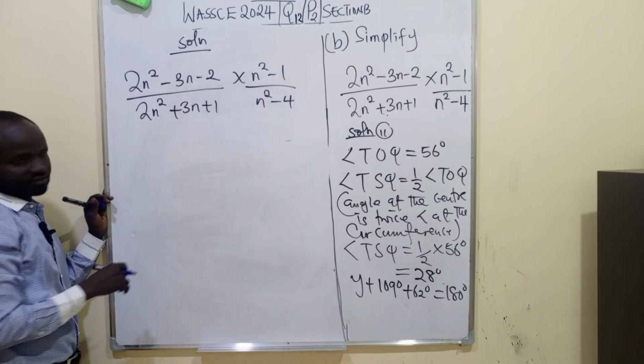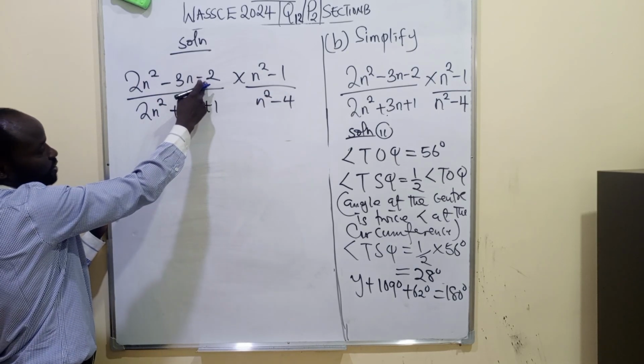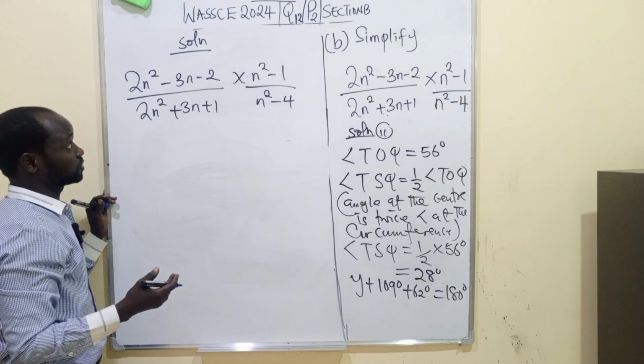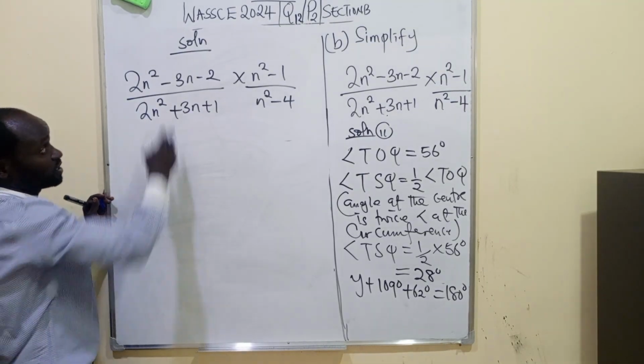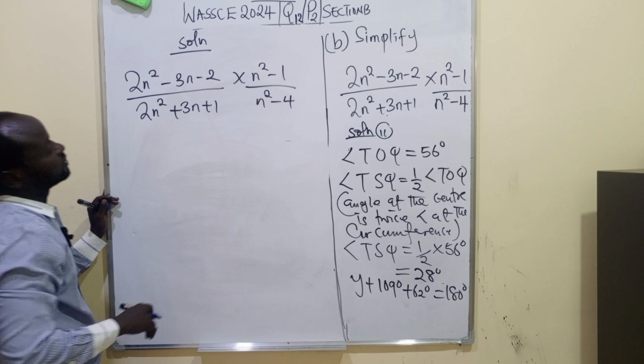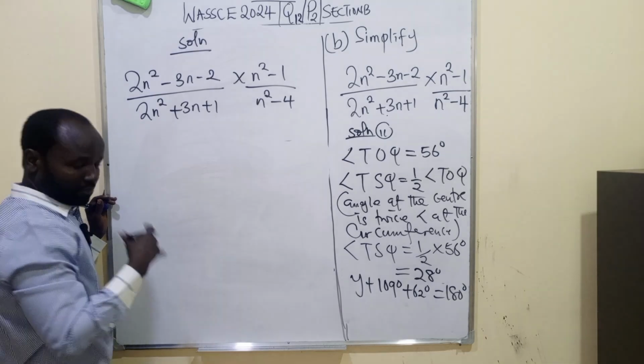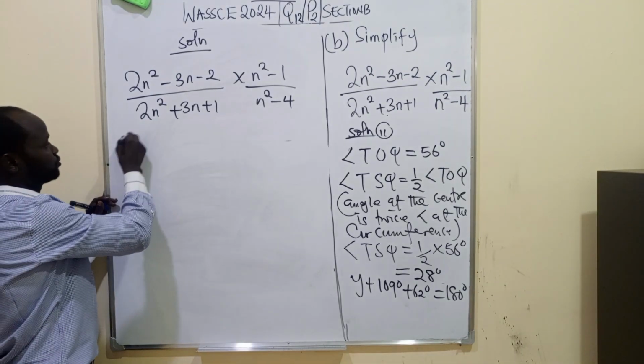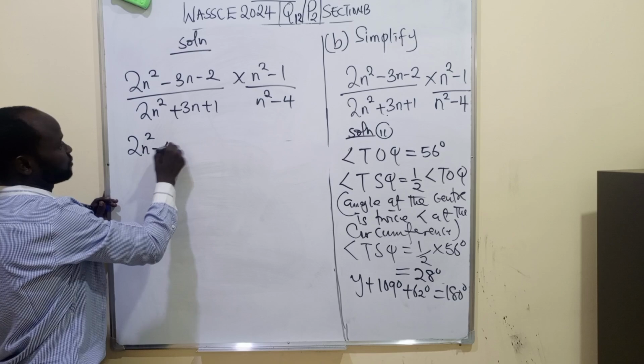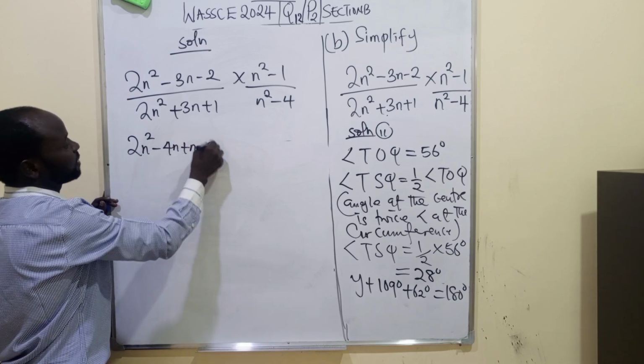So we can factorize this. 2n squared times minus 2 is minus 4n squared. Two factors of minus 4n squared that can give us minus 3n are minus 4n and n. So this will be 2n squared minus 4n plus n minus 2.